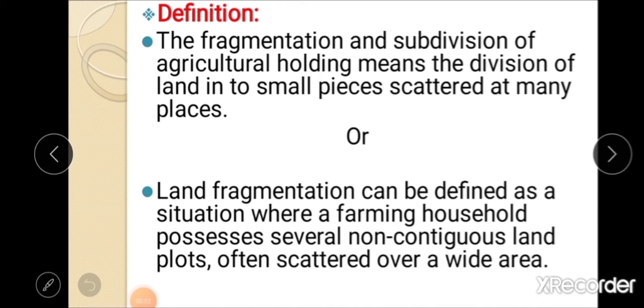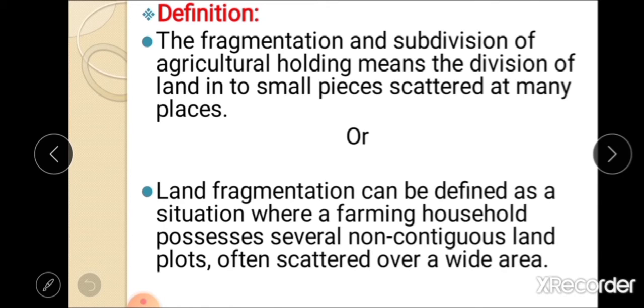After that, we see the definition of fragmentation and subdivision of land. Fragmentation and subdivision of land holding means division of land into small pieces scattered at many places. It is nothing but the division of a larger plot into smaller pieces which are scattered all over the village or at different places.